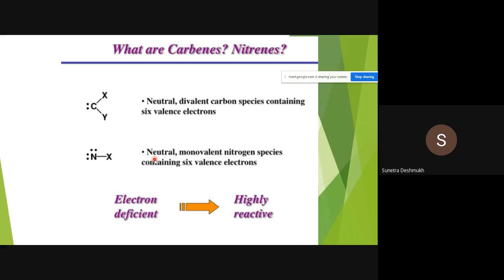That is a carbene. Nitrenes are neutral monovalent nitrogen species, meaning nitrogen has only one bond, containing six valence electrons. In both cases we have six valence electrons: one, two, three, four, five, six. Both are electron deficient species, and due to electron deficiency they are unstable, and due to that instability they are highly reactive intermediates.